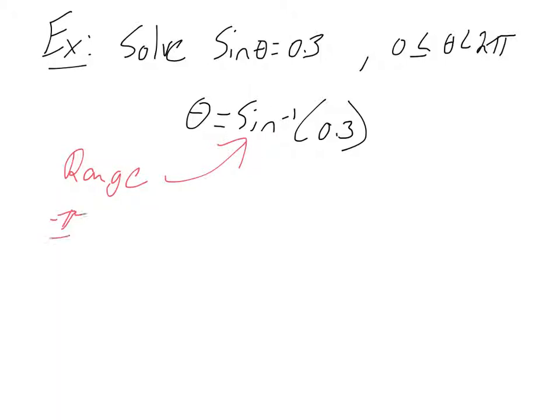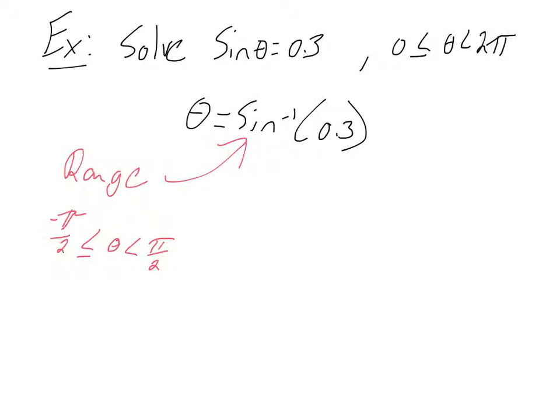Sorry, it's the domain that we had to restrict sine to, to make it 1 to 1 and actually hit all the values, which is negative pi over 2 to pi over 2. So the range of inverse sine is going to be negative pi over 2 to pi over 2.